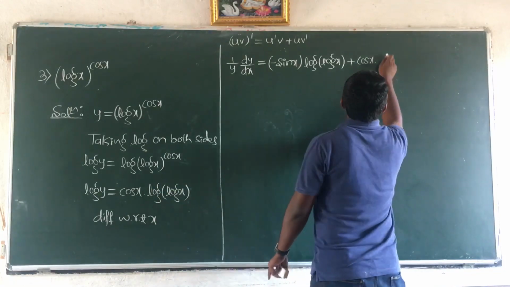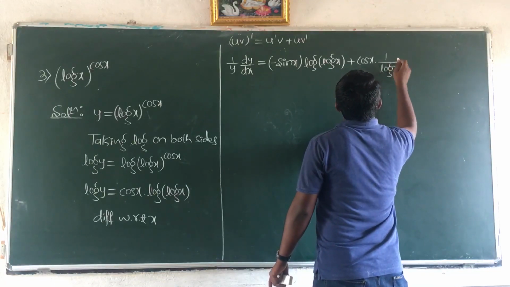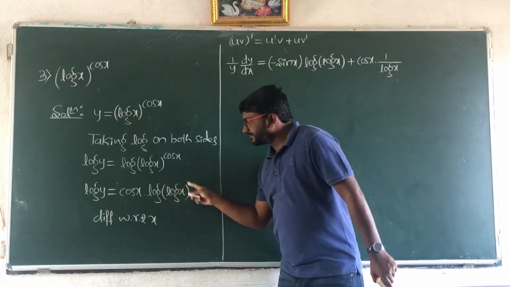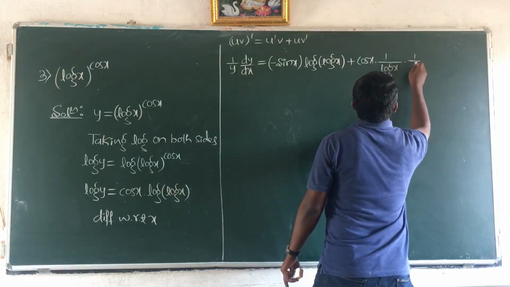Derivative of log x will be 1 by x, 1 divided by x. x means log x here. Into d by dx of the inside function, that is x. d by dx of log x will give us 1 by x.